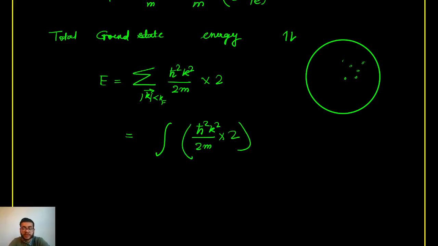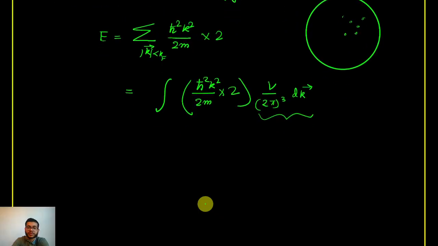When we convert from summation to integral, there are some rules. We multiply with the number of k points in a dk volume, which is given as this.